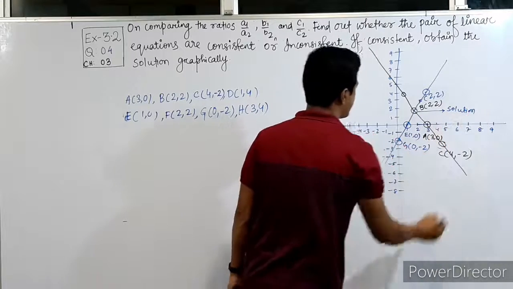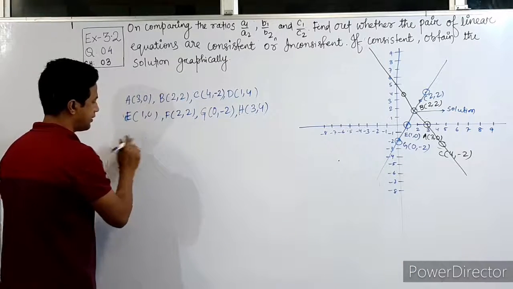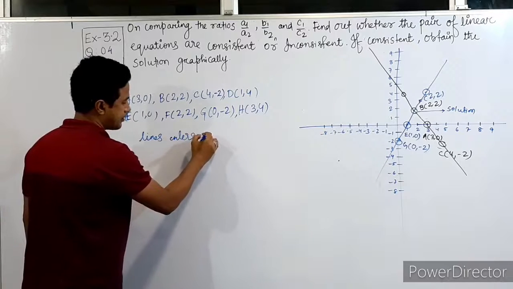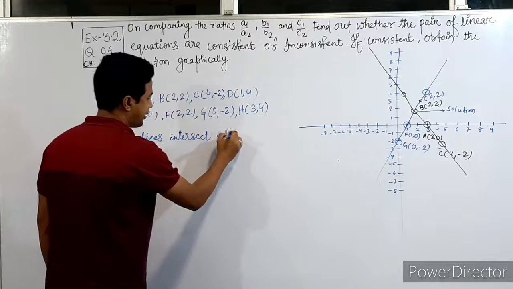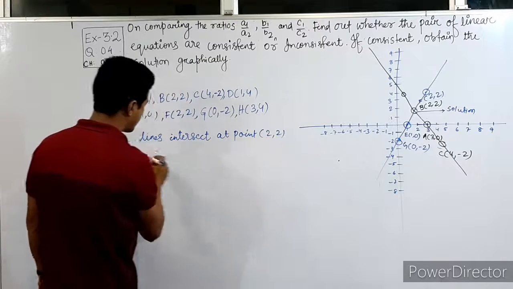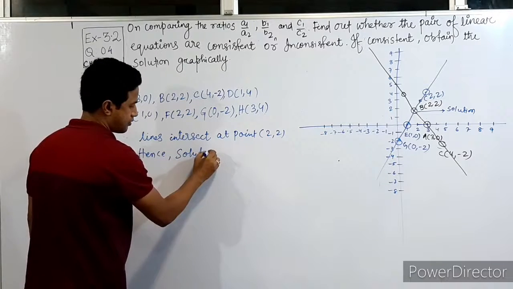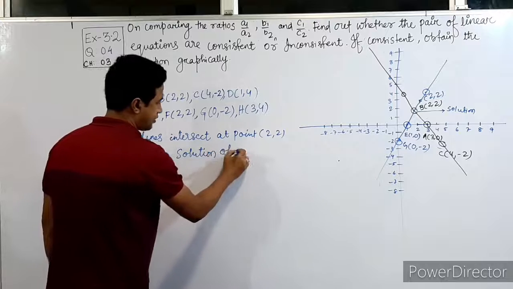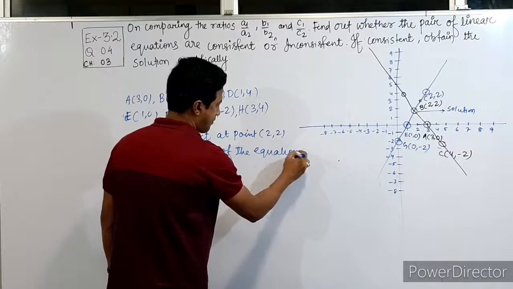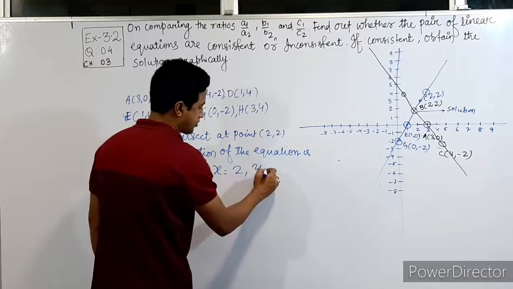At last we can write: the lines intersect at the point (2, 2). Hence the solution of the equations is x is equal to 2 and y is equal to 2.